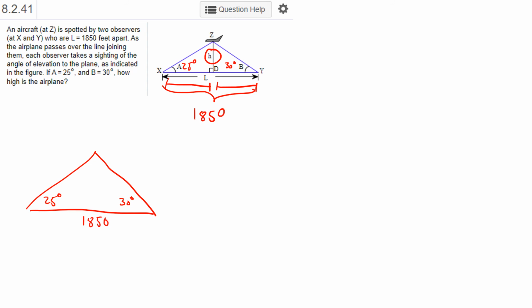The angles of this large triangle have to add up to 180. So if I call this C, we know that C plus 25 degrees plus 30 degrees is going to have to equal 180. Subtracting 55 degrees from both sides gives me that C must be equal to 125 degrees. Let's put that in there.